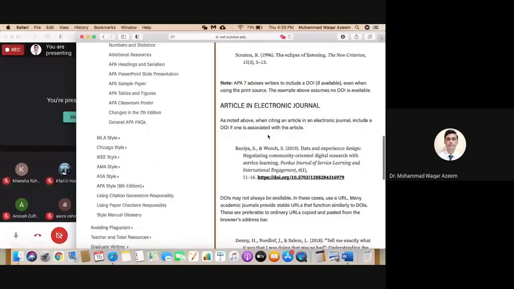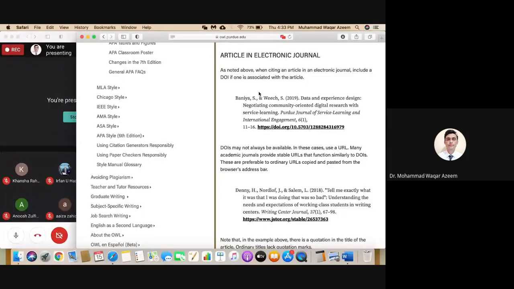On the other hand, if you found this article online, an article in an electronic journal, if it is an online journal, how will you put the citation of this article? The initial information remains the same.